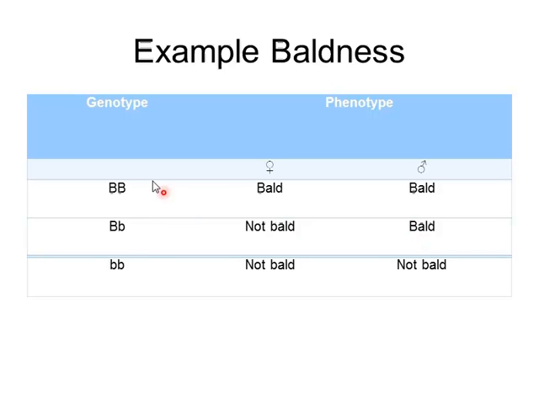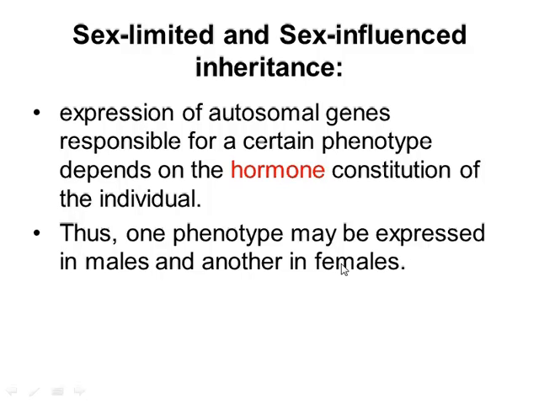So again, the genotypes are not affected because these are autosomal genes, but it is the phenotype that is affected. The reason is because the expression of these autosomal genes depends on the hormone constitution of the individual. So the hormones of the surrounding organism, whether they're male or female, are going to influence the way the gene is expressed and therefore the phenotype.